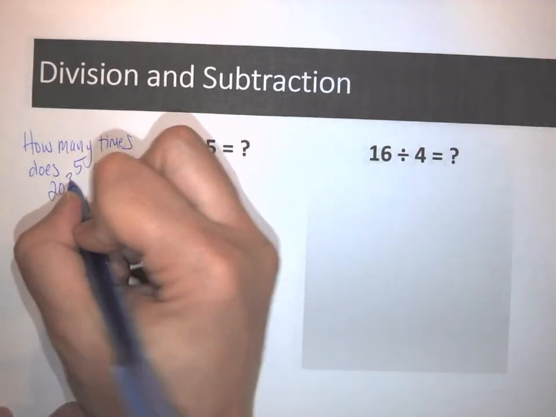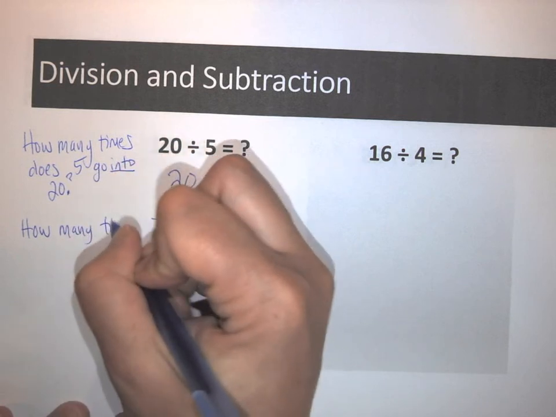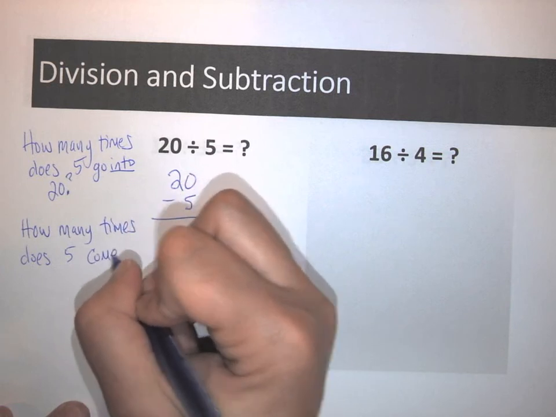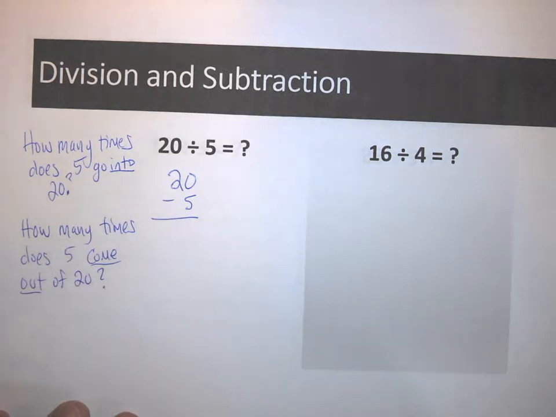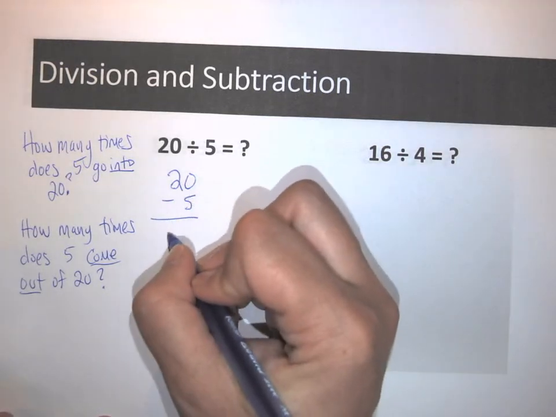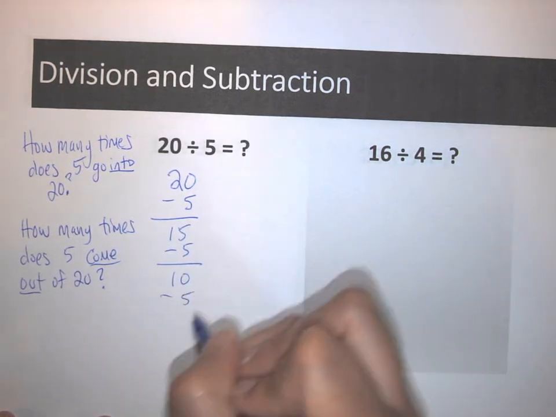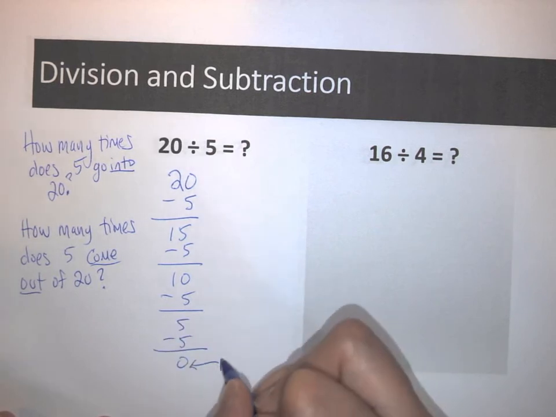I'm instead going to ask, how many times does 5 come out of 20? And that's how I think about division. How many times can I take 5 and subtract it, and do I have anything left over? So the first subtraction, I do 20, that would leave me with 15. I would do it again, and then 10, and then 5, and then we would have no remainder.